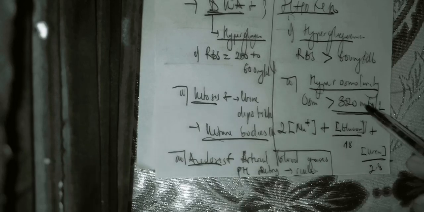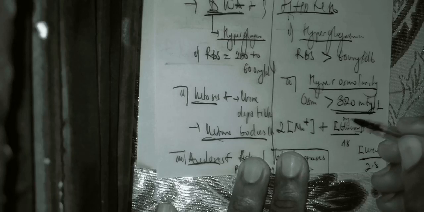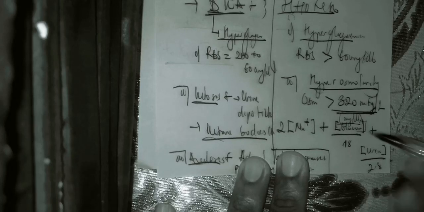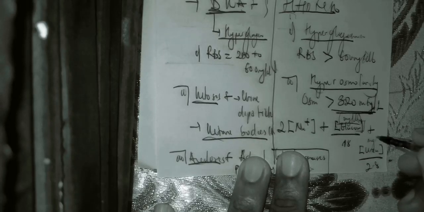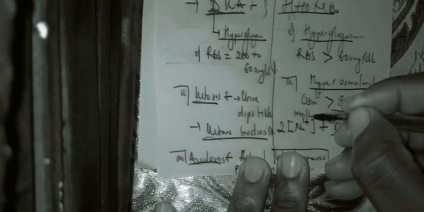The glucose and urea concentrations should be in milligram per deciliter, but the osmolarity should be in milliequivalent per liter.